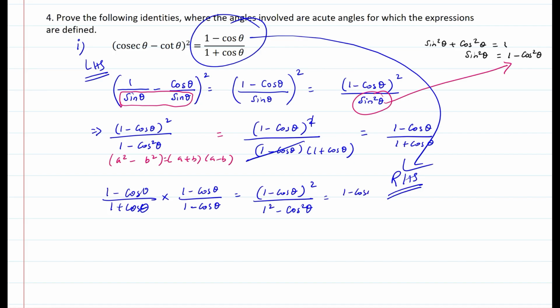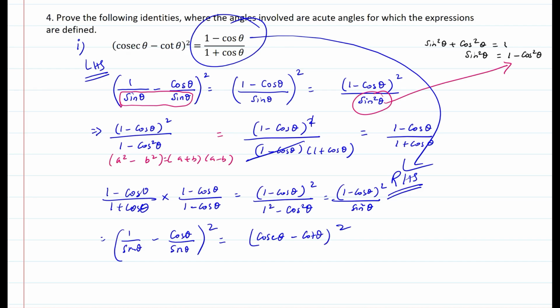So 1 minus cos theta, the whole square, divided by sine square theta. So if you take this inside, then it will become 1 minus cos theta by sin theta, the whole square, which is actually equivalent to cosecant theta minus cot theta, the whole square.